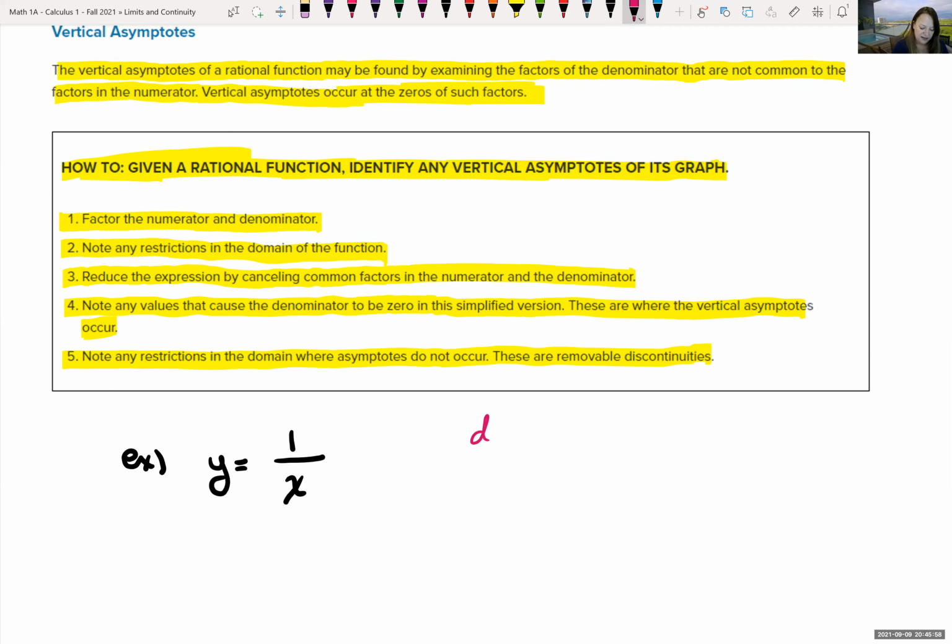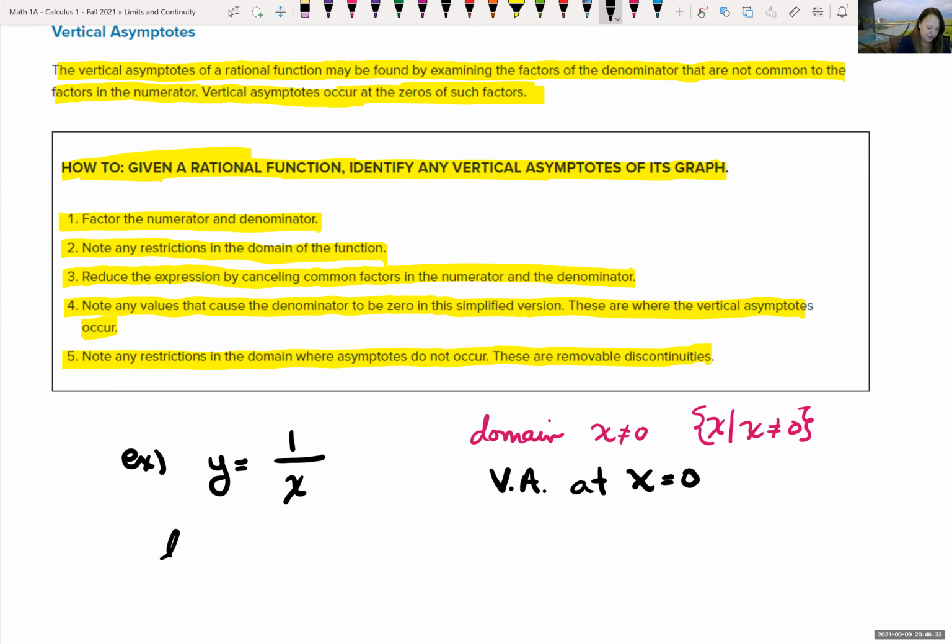So our domain, x can't be 0. All numbers except for x equals 0. We want to see what type of asymptote this is. We actually have a vertical asymptote at x equals 0.